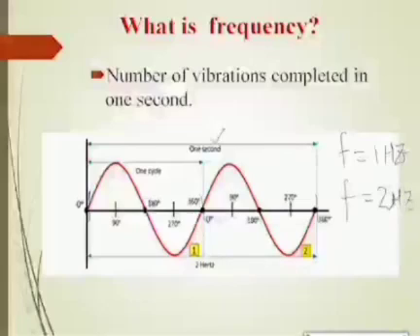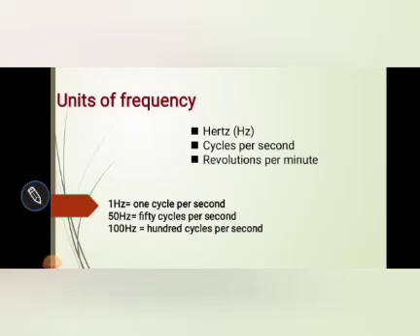So we can conclude from this figure that frequency is basically the number of vibrations or oscillations that are completed by a vibrating body. Now, we will discuss the units in which the frequency of a vibrating body is measured.